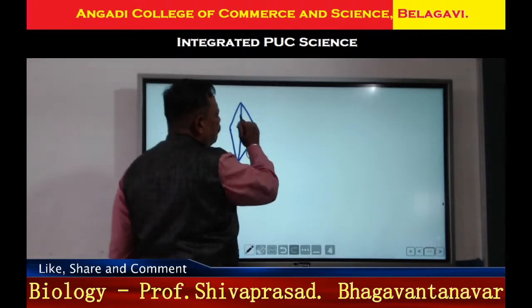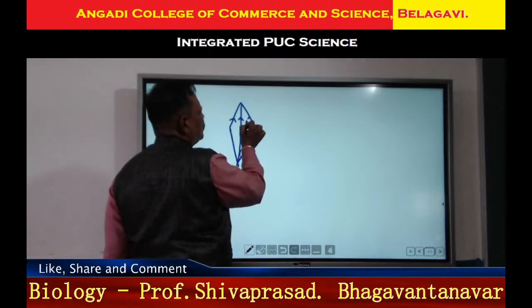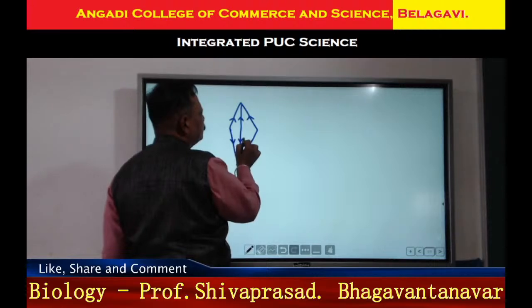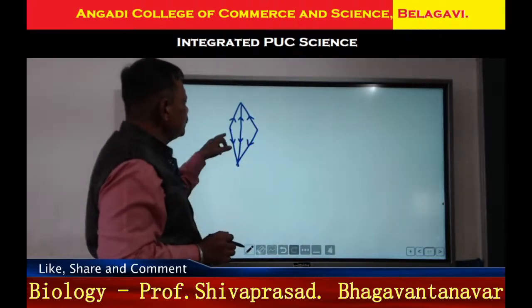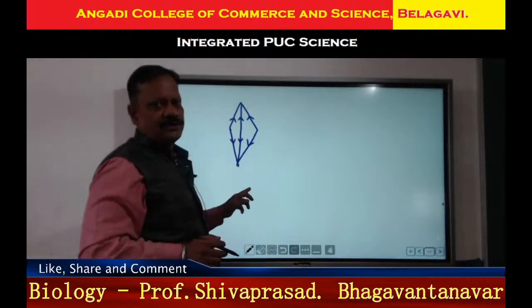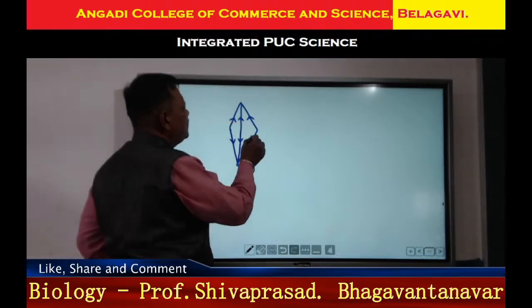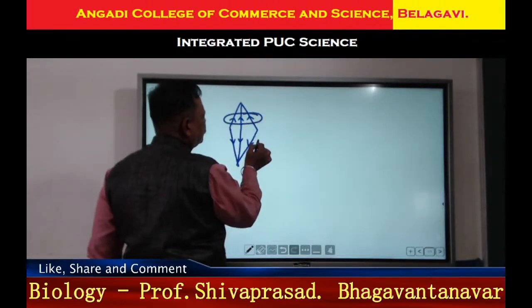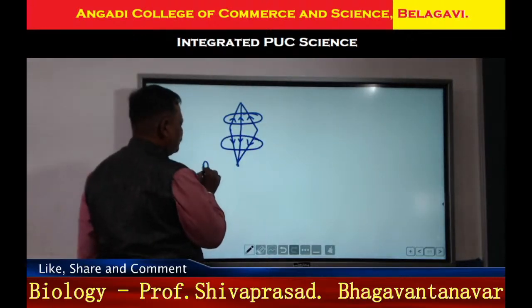There, the plate is breaking, chromosomes start moving towards the opposite poles. And the chromosomes leave the central plate, but they are not reaching the poles. They will be in between the pole and the central plate. And they are forming two bundles. Then you are calling it as anaphase.